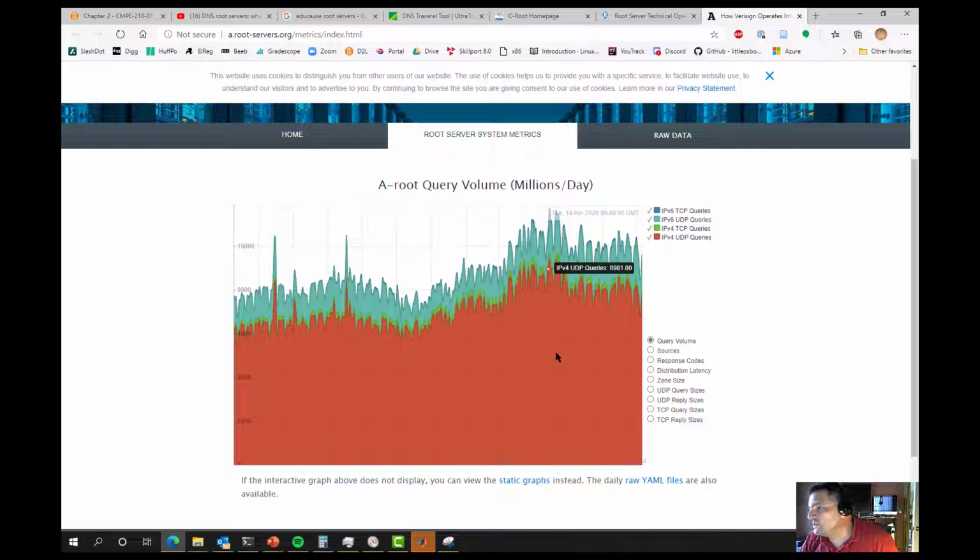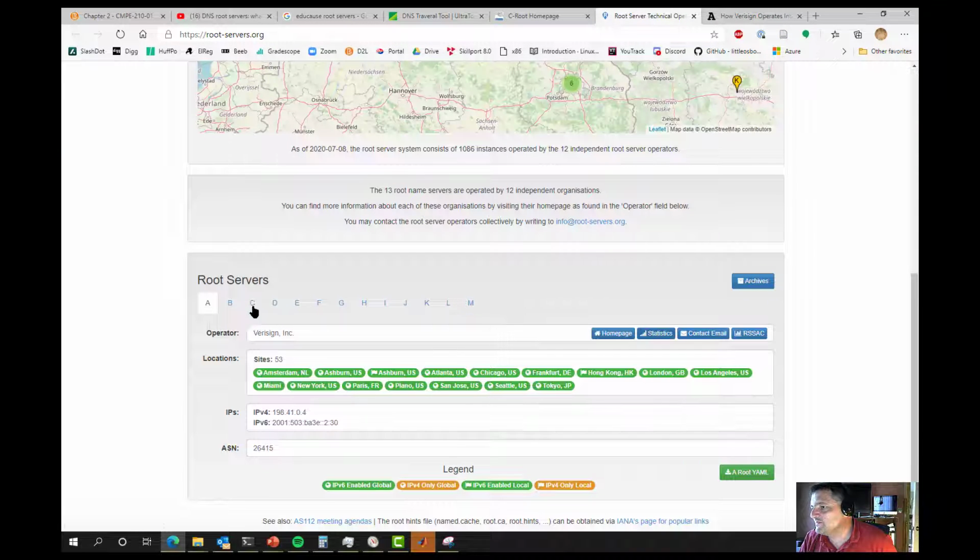So when we're looking at, let's see, where we are right now, 7,815 UDP queries, but that's millions. So we're talking 7.8 billion queries per day to these 53 poor, sad, overworked computers.